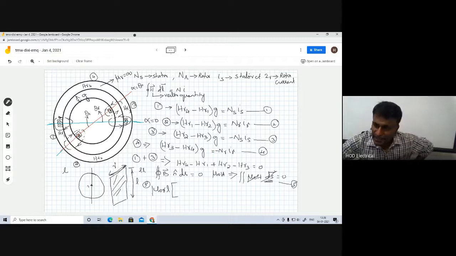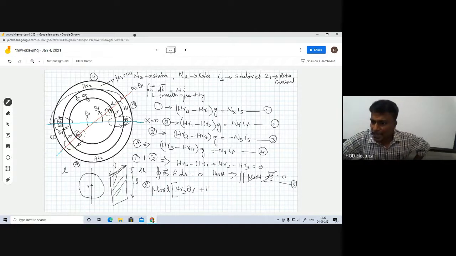Then here HR3, from this angle is theta. This angle is theta. So we can write HR3 into theta. Then mu naught plus the arc angle we have to write. In this region, what happened? In this region it is HR4 into pi minus theta. I am only concentrating on this region, pi minus theta.